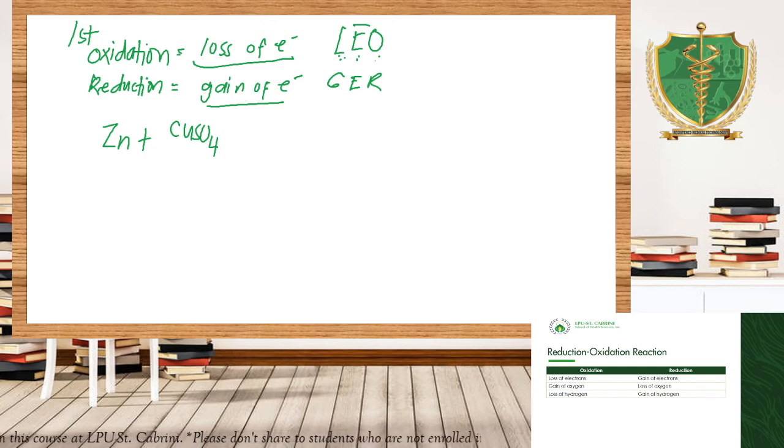Copper sulfate is a blue solution. You're going to drop the zinc sheet in a copper sulfate solution, and you will observe that there will be a formation of kalawang. And that kalawang is the copper deposits on the zinc metal.